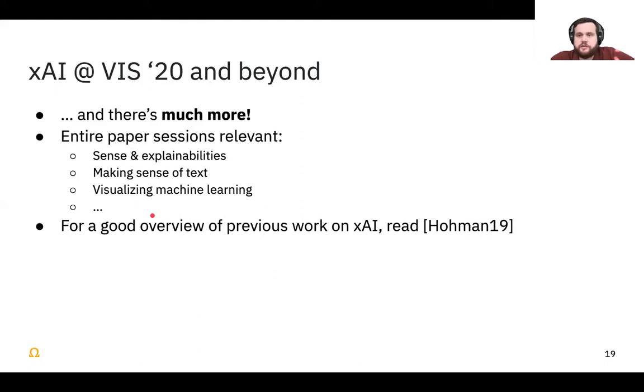So there's a lot of XAI content at the last IEEE Vis. And if you're interested in a good overview of previous work on XAI, you can read this paper by Hohman, which is included as an optional reference at the end of the lecture.